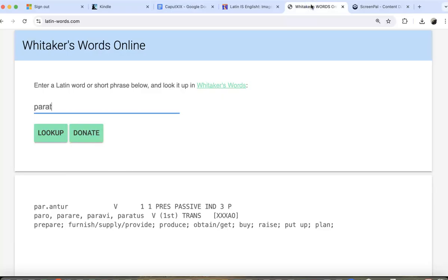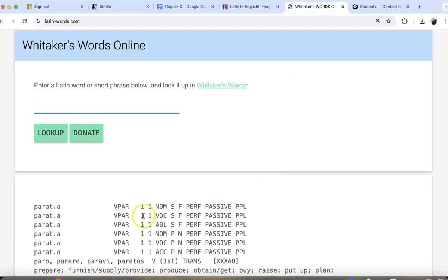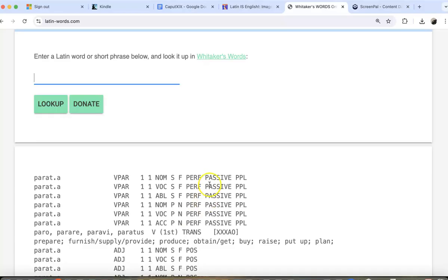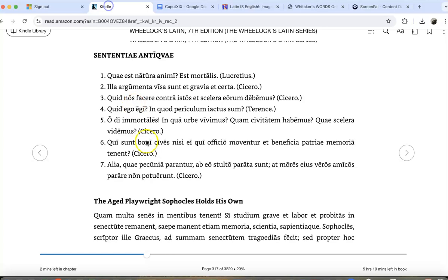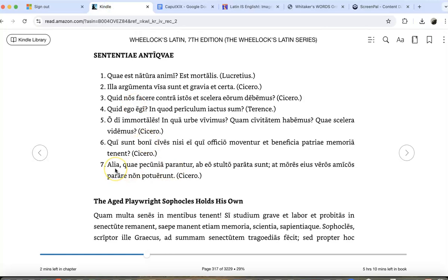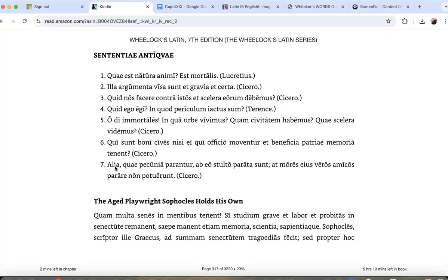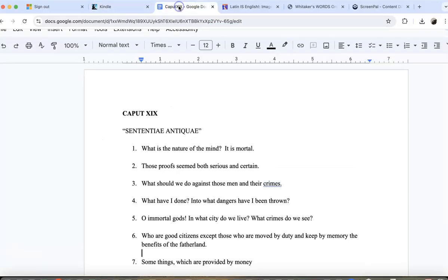If I type in the participle here, you can see it's a verbal participle, passive. This is a great example of the differences between the two, and we need to be precise in our reading and translation. Alia, so other things which are provided by money, have been provided by that fool. So have been provided, parata sunt, versus are provided.